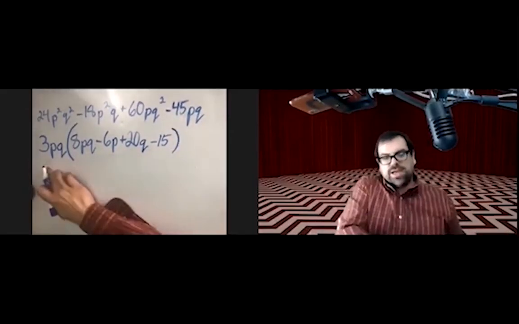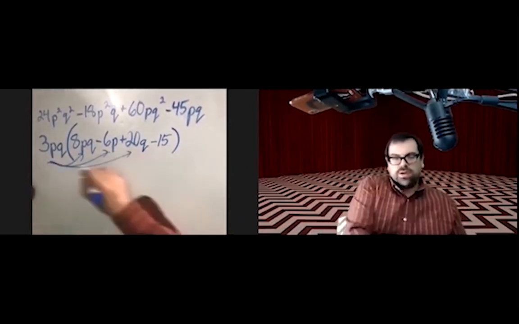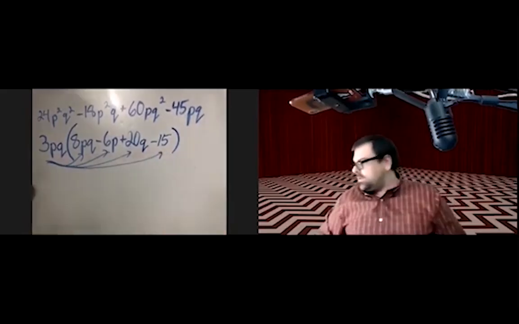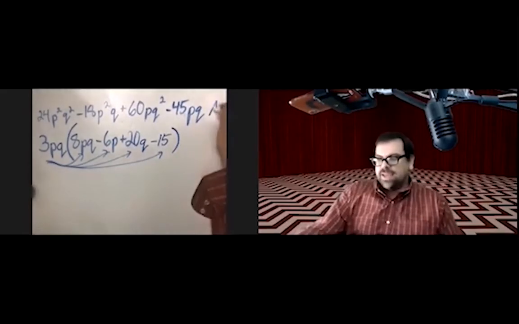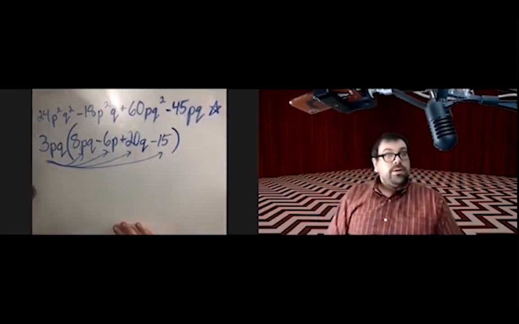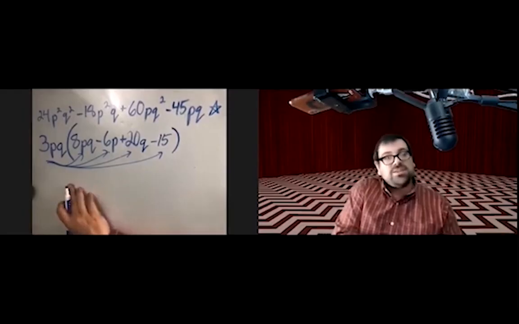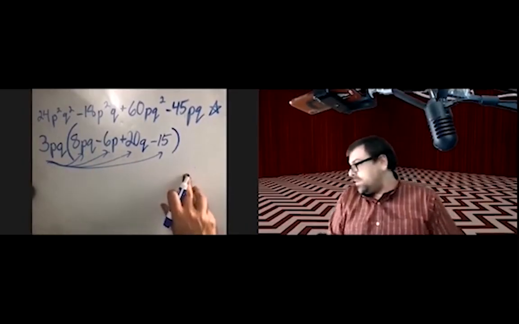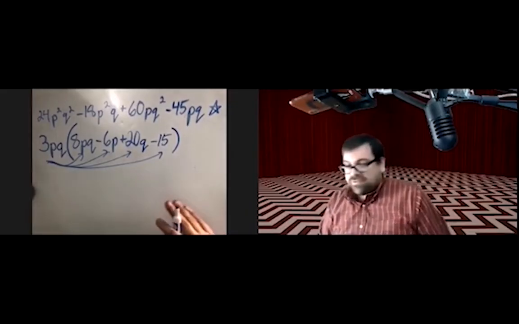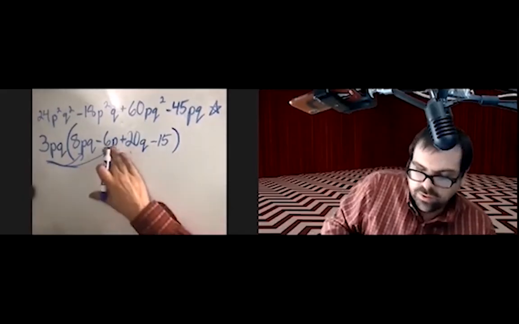So if you want to double check that this distributed through everything gives us this, you can. But we're not done. We factored out the greatest common factor, but the stuff that's left, we need to factor by grouping.